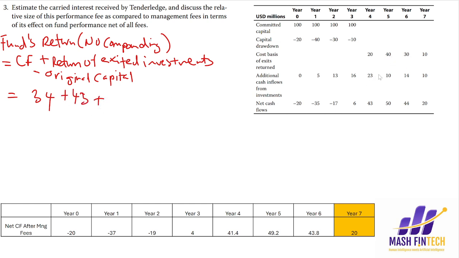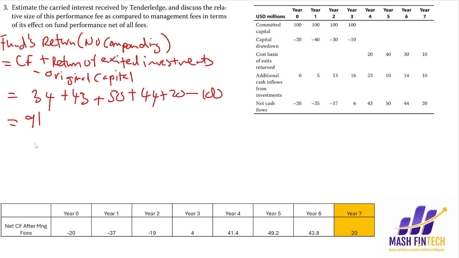40 plus 20, because you're adding the return from exited investments. This is 50. Then 30 plus 14, it's 44. And then 10 plus 10, it's 20. Then you subtract the initial investment of 100. If you do this without compounding, the return for the fund is going to be 91. Okay. This is the return.